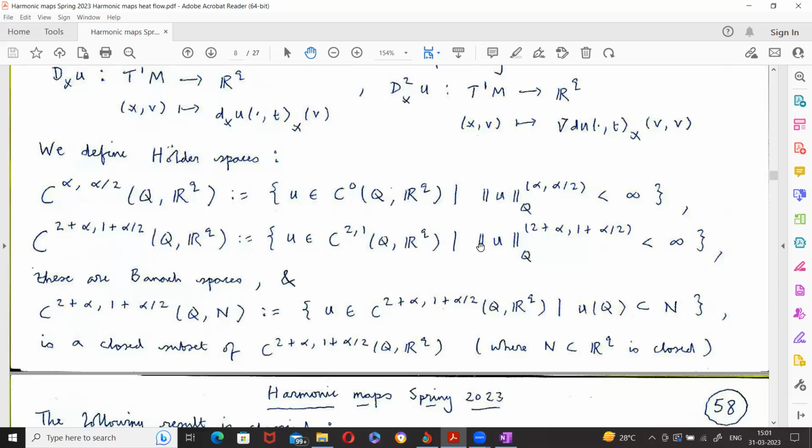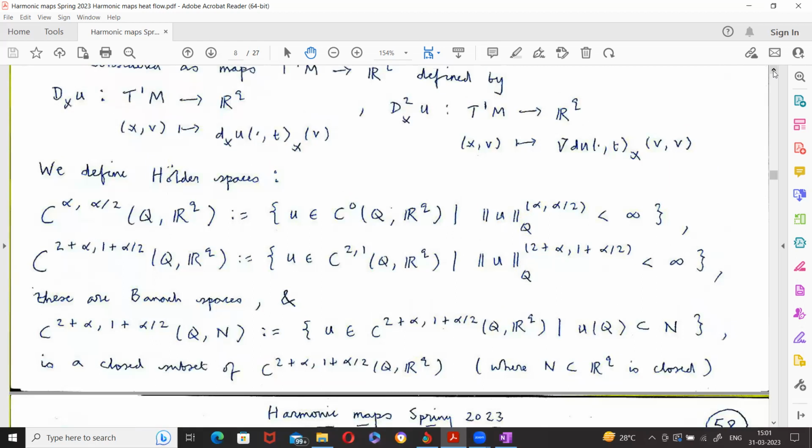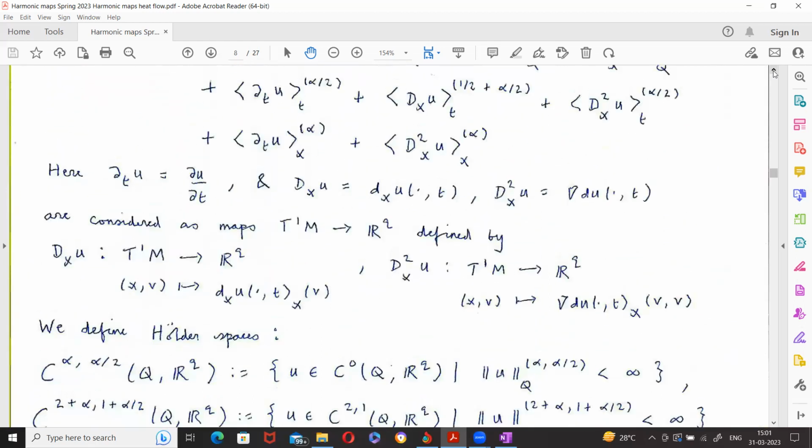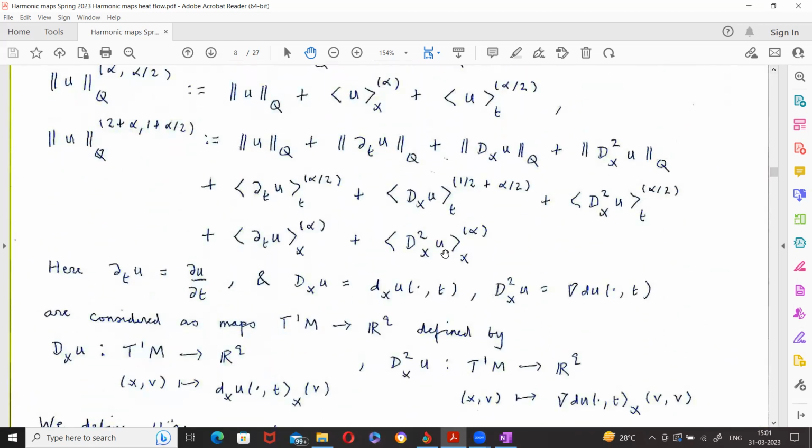And here you want this rather complicated norm, the 2 plus alpha comma 1 plus alpha by 2 Holder norm. This should be finite. So in particular, if you look at the definition, the second derivative is alpha Holder in the space variable and alpha by 2 Holder in the time variable.